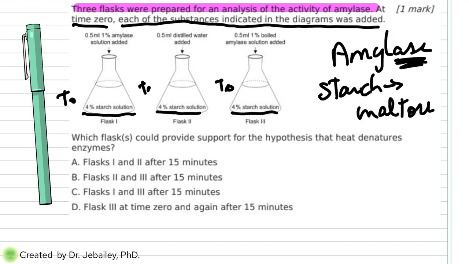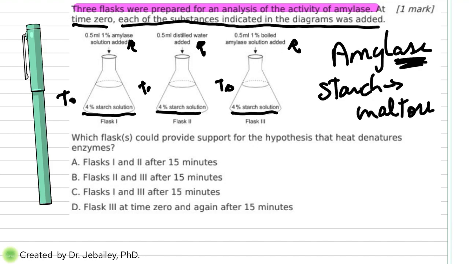So that's a control. But here, they were changing the amylase they were putting in. Here we had 0.5 of 1% amylase solution added. Here we had 0.5 distilled water added. And here we had 0.5 of 1% boiled amylase solution added.